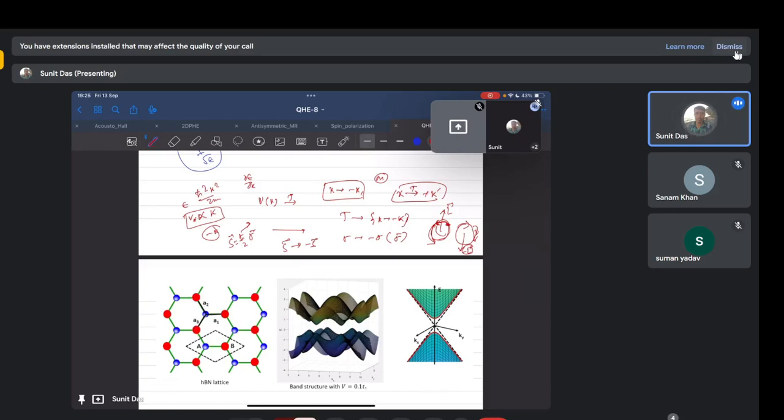So if there is a magnetically ordered material, there is no time reversal symmetry. Normal ferromagnets and antiferromagnets are like that. If it is a non-magnetic material, then we can say that time reversal symmetry is preserved. So that's the first criterion. Okay, sir.